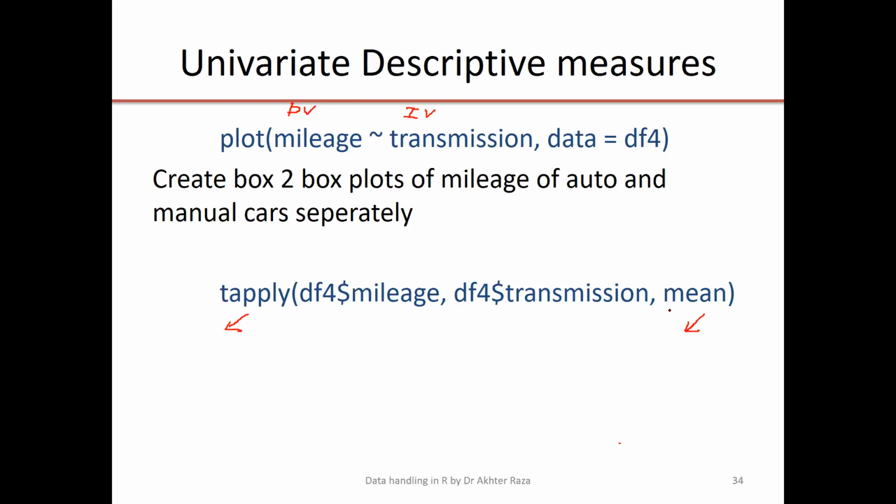I was using the mean command separately, but now we are using the mean command by tapply. So mean of what? Mean of mileage. If I eliminate the middle term, the mean of the entire data will be calculated. But I am not interested in calculating the mean of the entire data. I am interested in calculating the mean of the segmented data. The first segment of the data is automatic transmission, and the second segment is manual transmission.